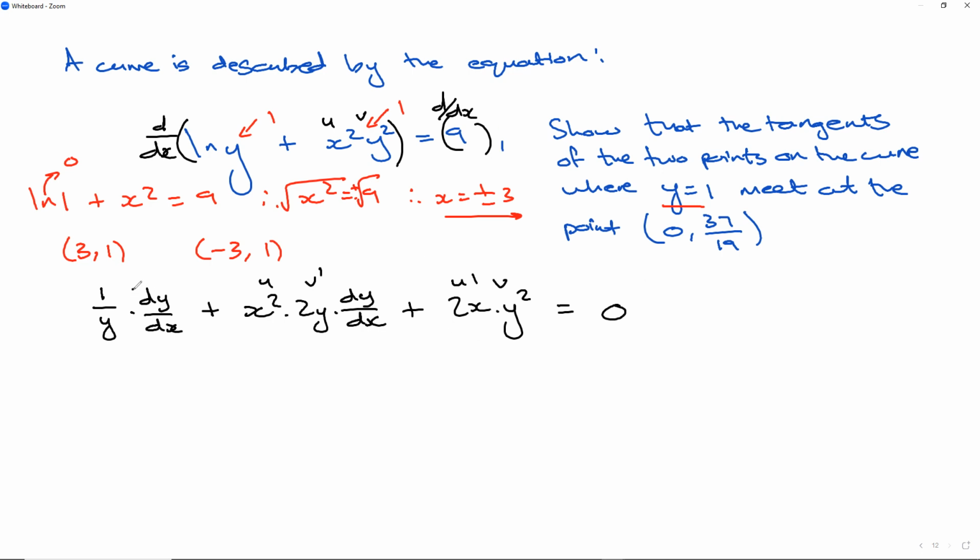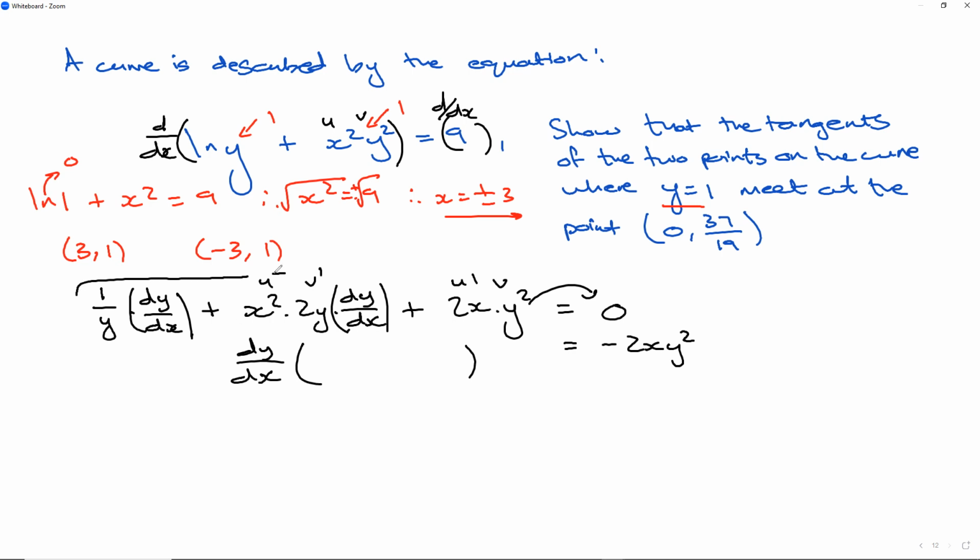So now I've got dy dx over here, and I've got dy dx over here. I need to isolate it. If I isolate it, I've got to move this over. It'll become -2xy squared. Factorize it on the left-hand side out of these two terms over here.